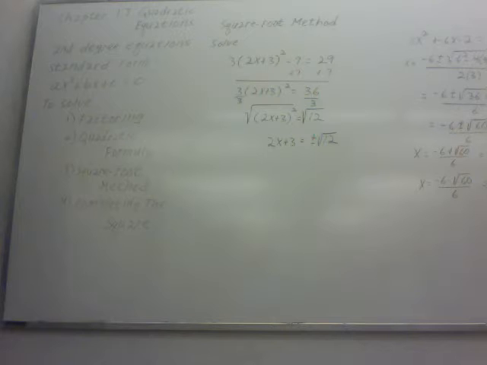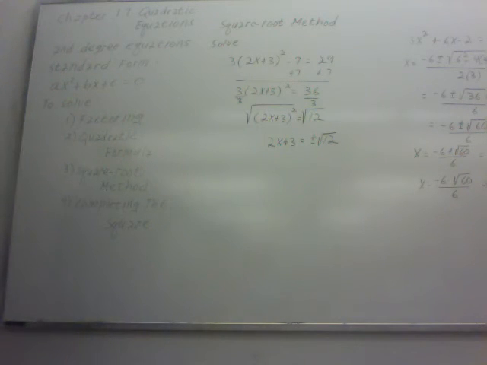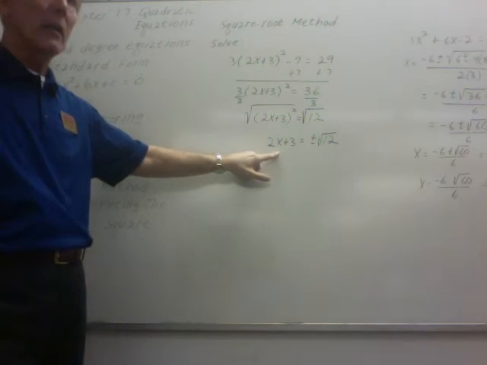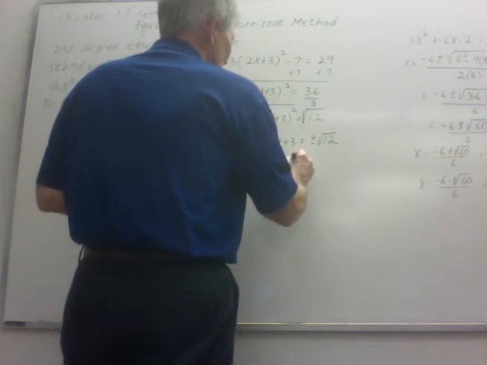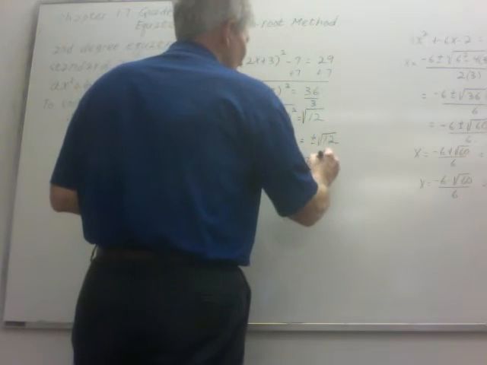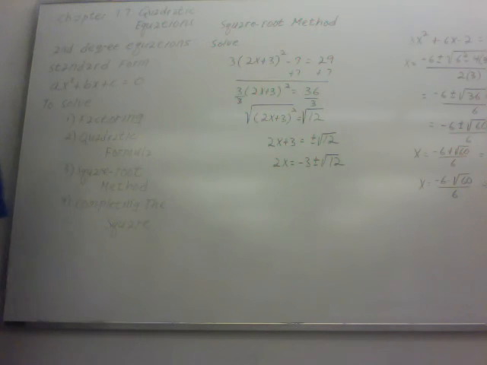Okay. Now, once again, as always, anytime you want to solve it, you want to isolate the variable term. So I need to get this isolated. So I'm going to subtract 3. So I've got 2x is equal to negative 3 plus or minus square root of 12. Last step, divide both sides by the coefficient of the variable.